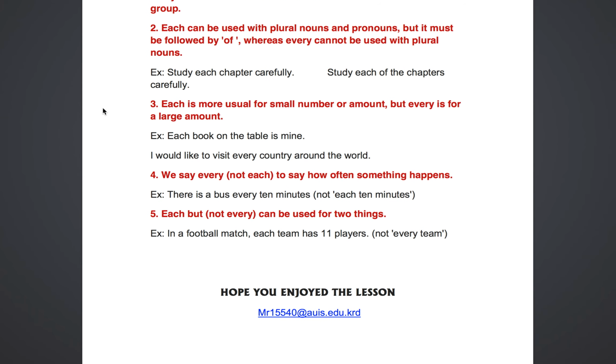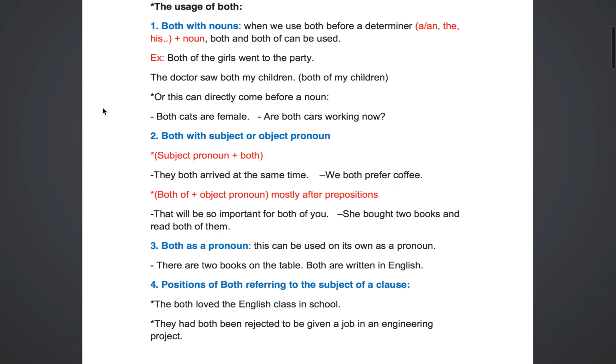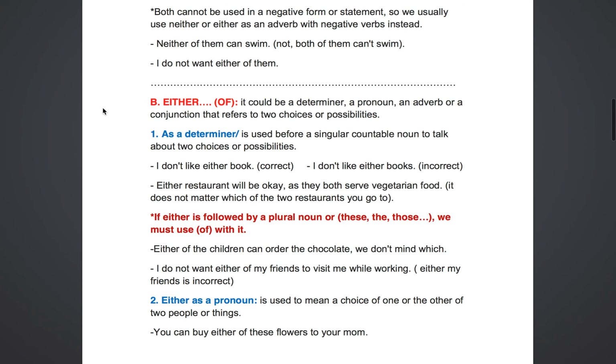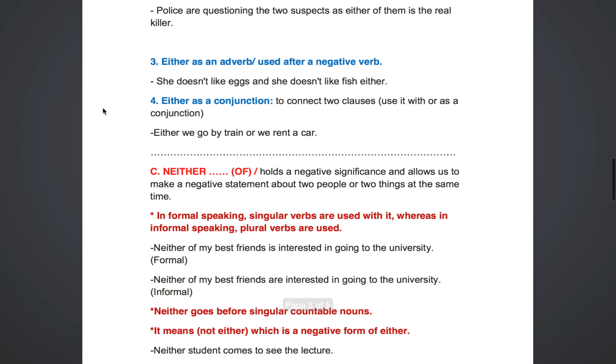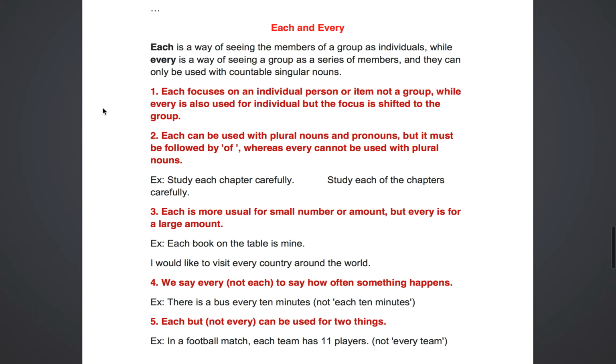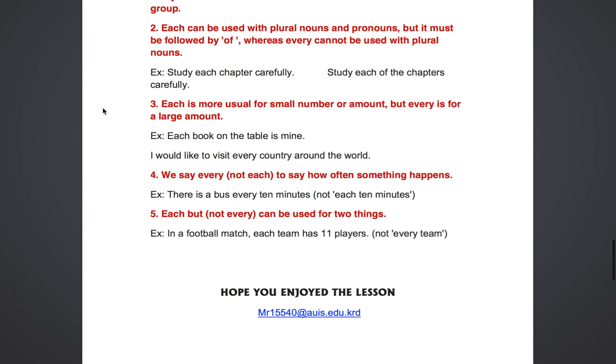We have many more correlative conjunctions that we use in speaking or writing, but what we covered here were, as a reminder, both of, either of, neither or neither, and also each and every. Knowing them is very important, and that's enough for today.